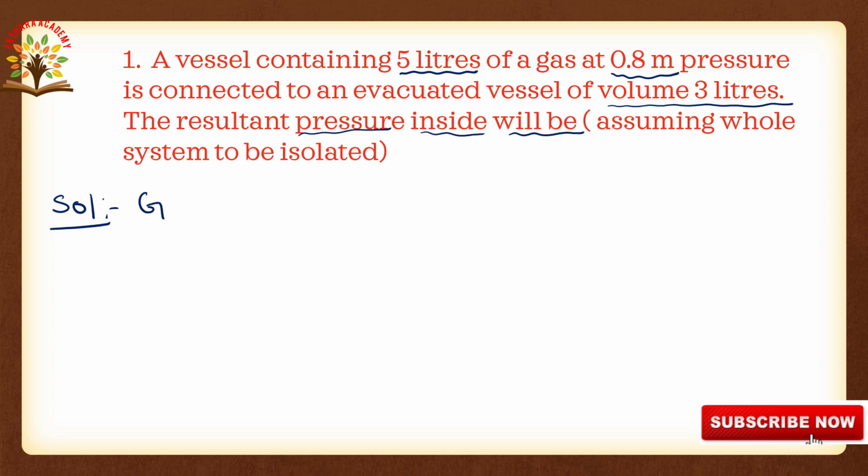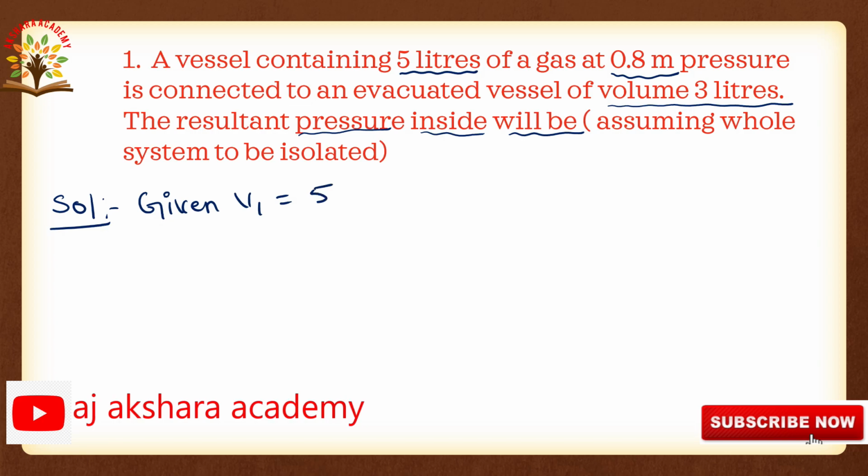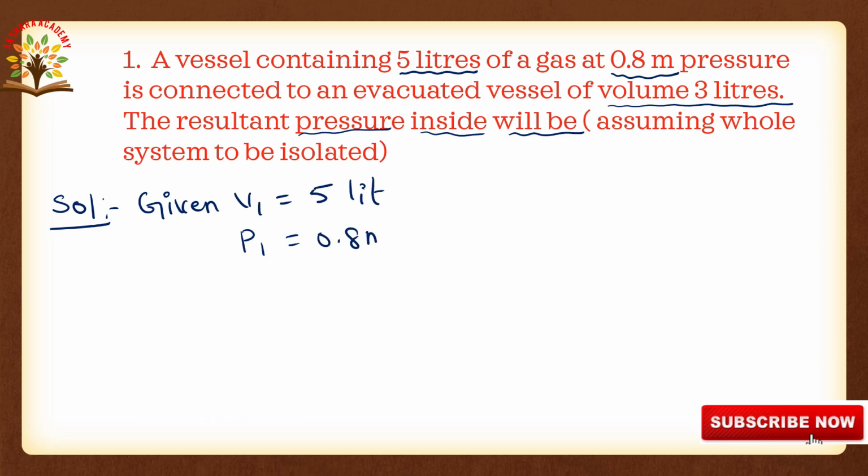Given V1 is equal to 5 liters and P1 is equal to 0.8 meters, and V2 is equal to 5 plus 3, 8 liters, and P2 is equal to question mark. So P1 V1 is equal to P2 V2.